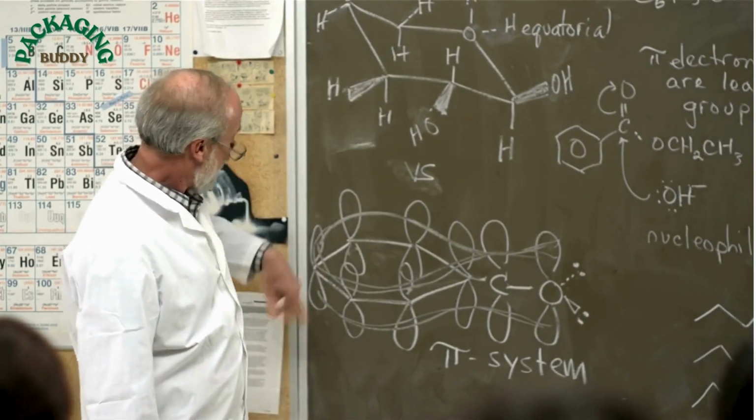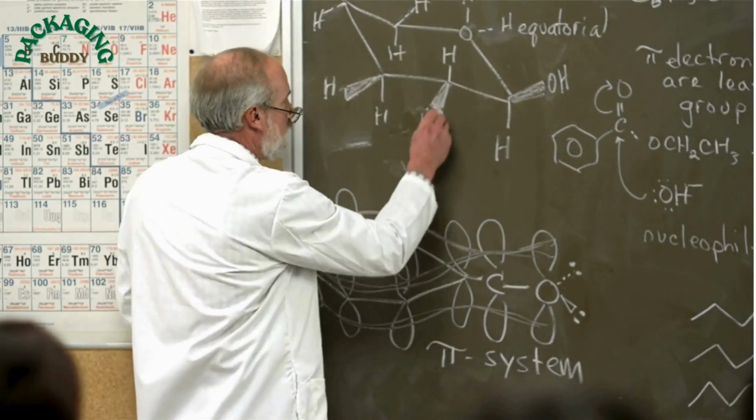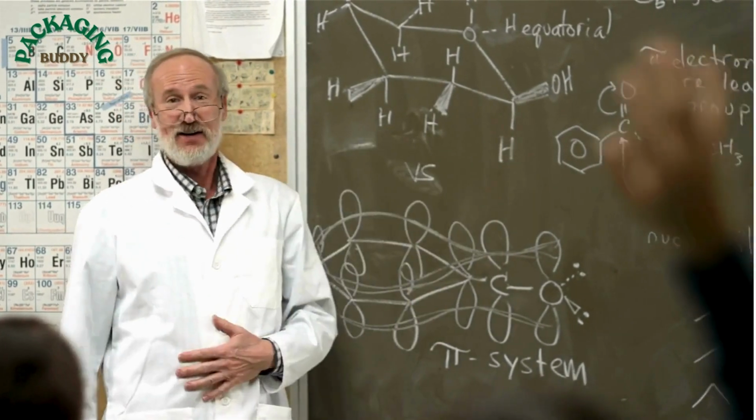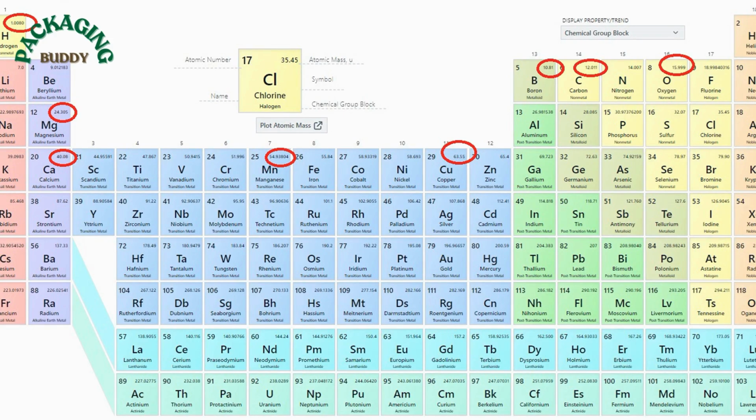Number 2, molar mass. Molar mass is the mass of 1 mole of a substance, usually measured in grams per mole. It indicates how much 1 mole of a particular substance weighs. You can find molar mass from the periodic table, which lists the atomic mass for each element.